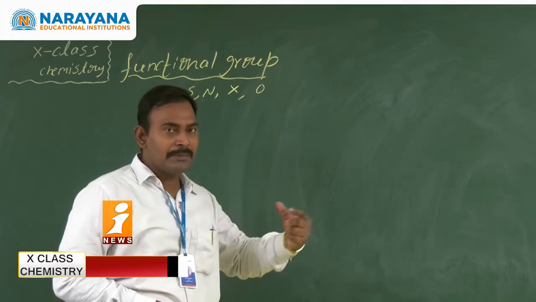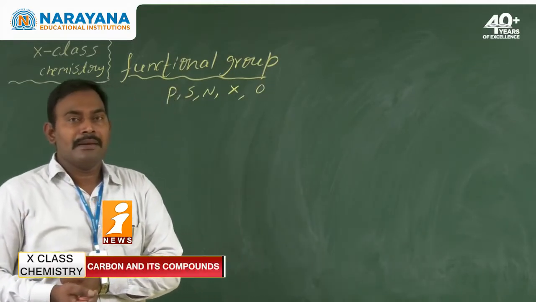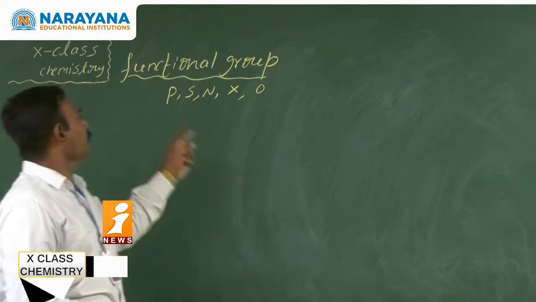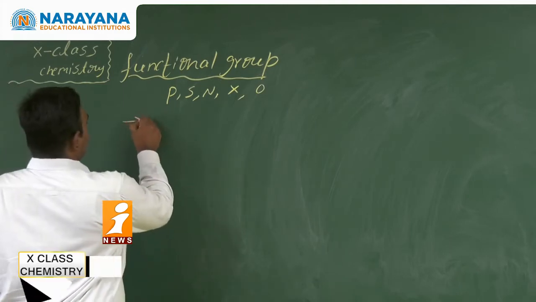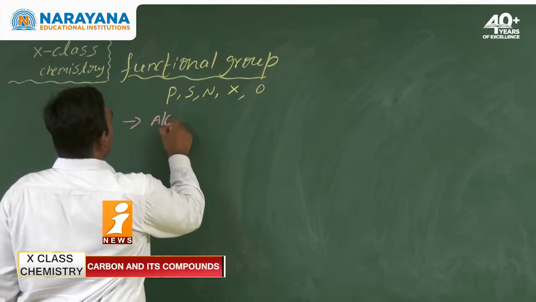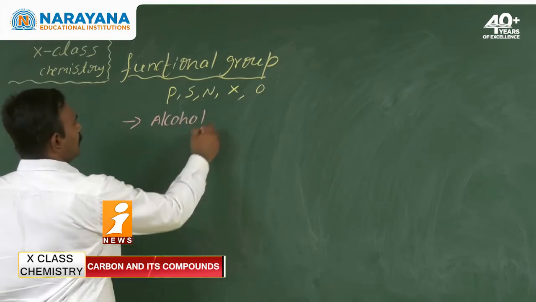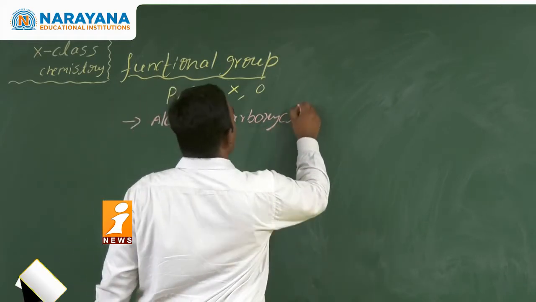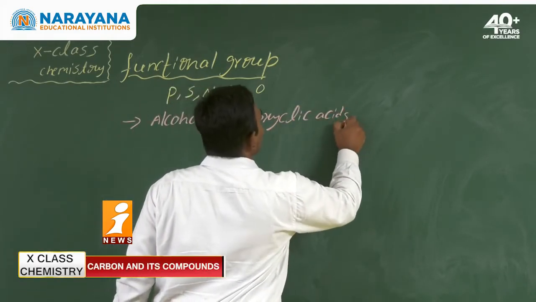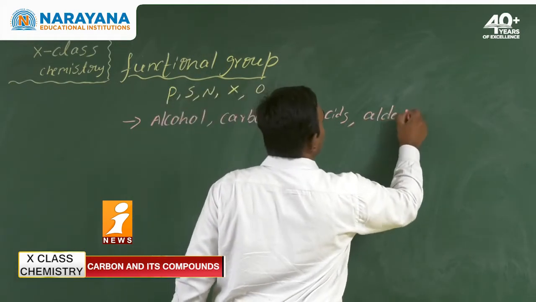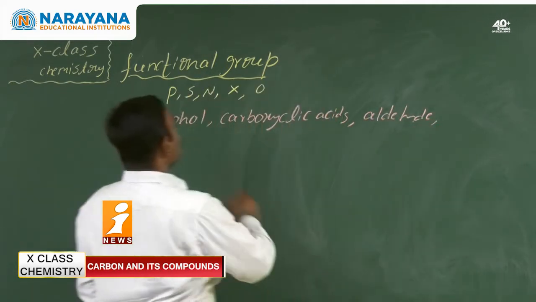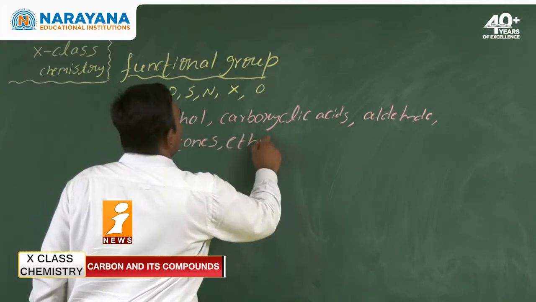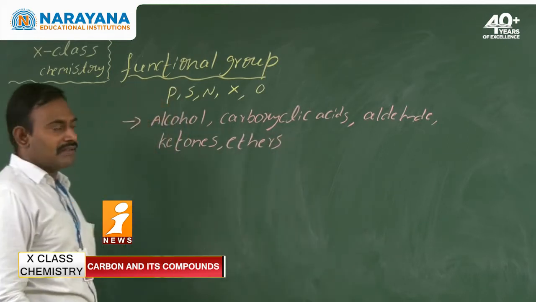So our secondary suffix gives the idea about which type of functional group is present in the carbon compound. If you observe some examples: alcohol, carboxylic acid, aldehydes, ketones, ethers, amides, esters.